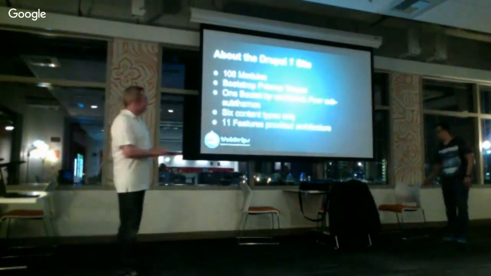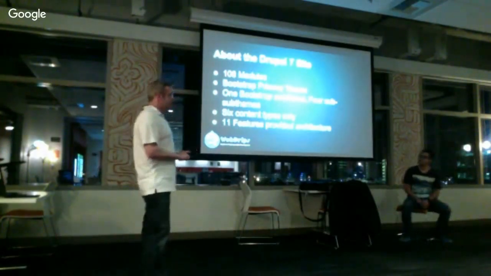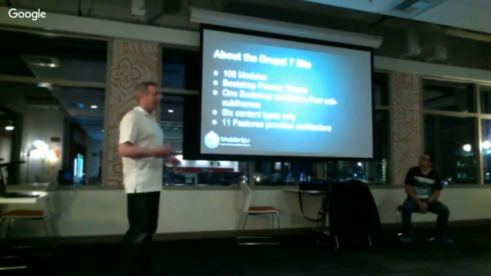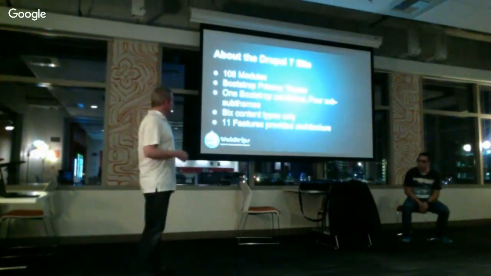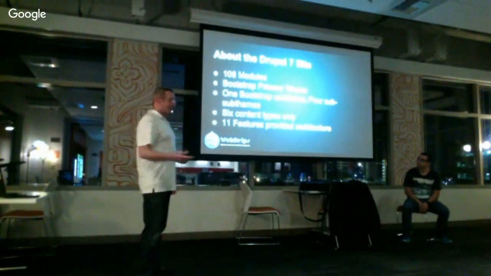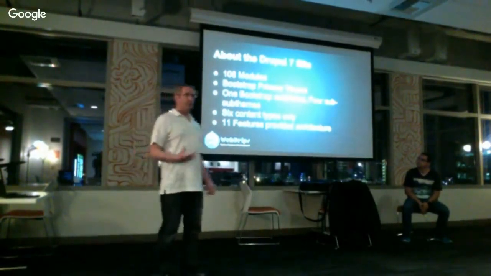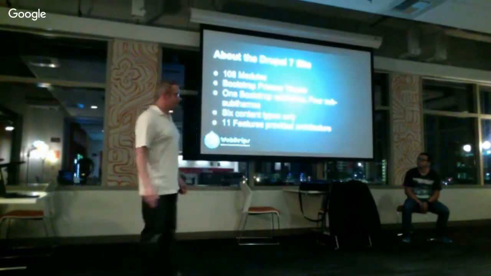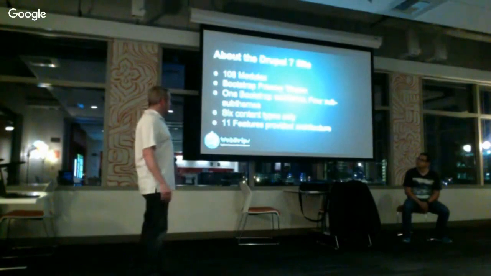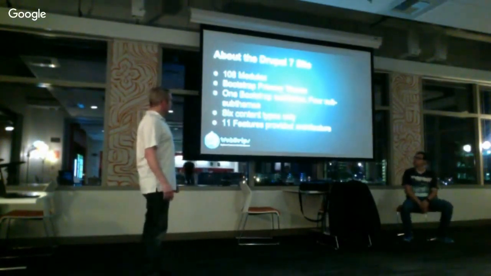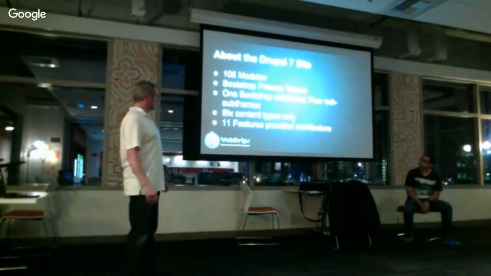So for the Drupal 7 site, we were able to get the number of modules down, which was nice. Get rid of the cruft, as kind of an ongoing theme. Keep cleaning things up. They were able to switch to Bootstrap as the primary theme, which, if you've ever worked with it, is just a wonderful responsive base theme, and then develop four sub-themes off of that.